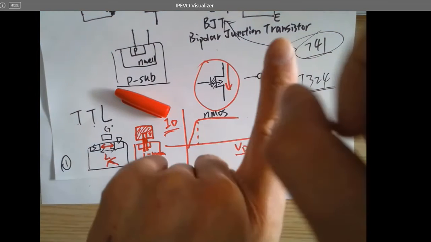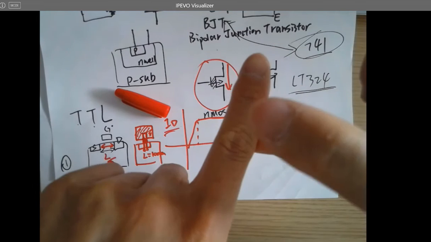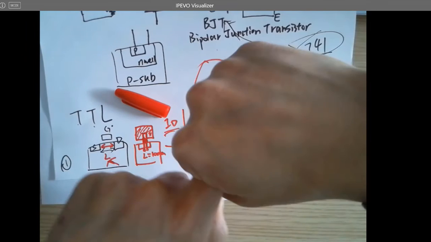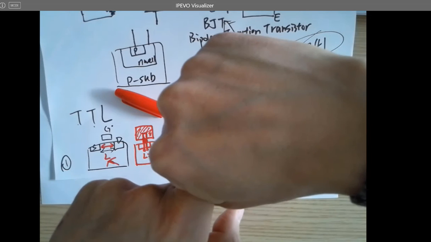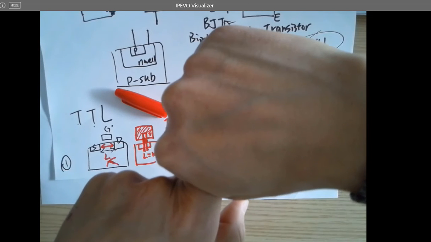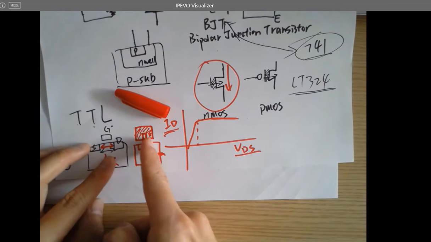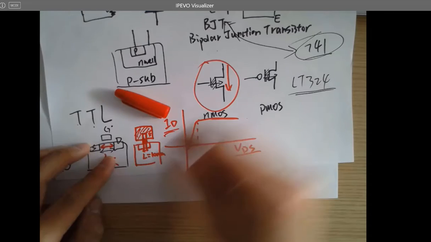So what you want to do is fabricate a channel in a 3D structure and have a gate wrap it up like this. So you can use the gate to effectively control the channel on and off states, right? This channel structure is called a fin.